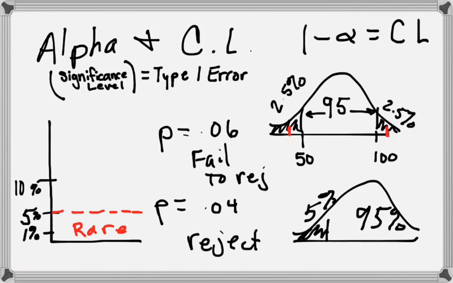So the question is, every time I take a sample, what percentage of the time am I going to have a value that falls down here? 5%. So I'm 95% confident that, well, 5% of the time you're not going to be right. 5% of the time you're going to reject the null hypothesis when you shouldn't have. That's type 1 error.